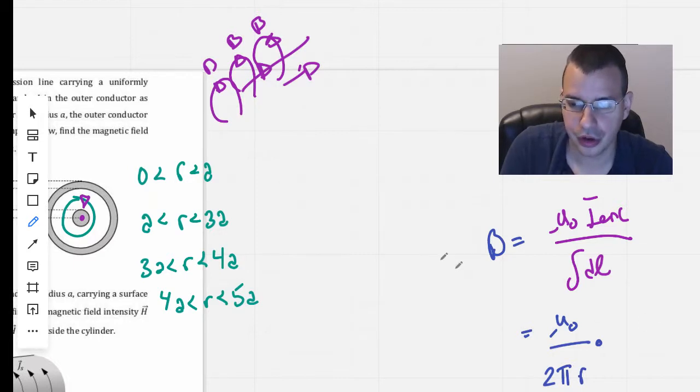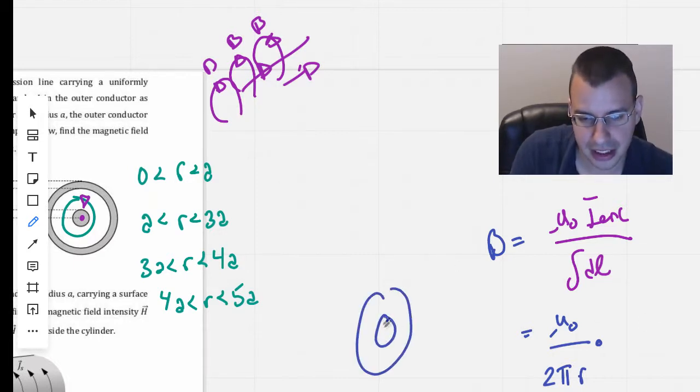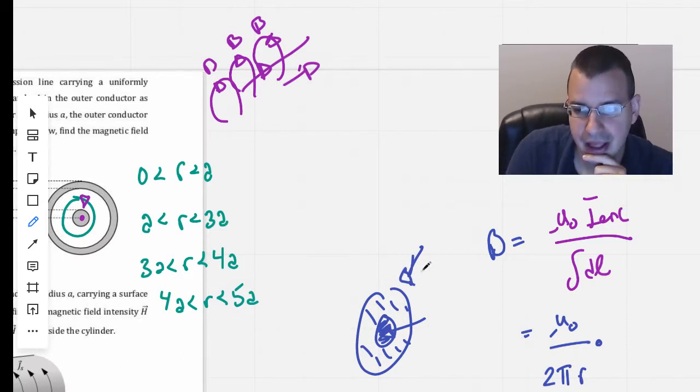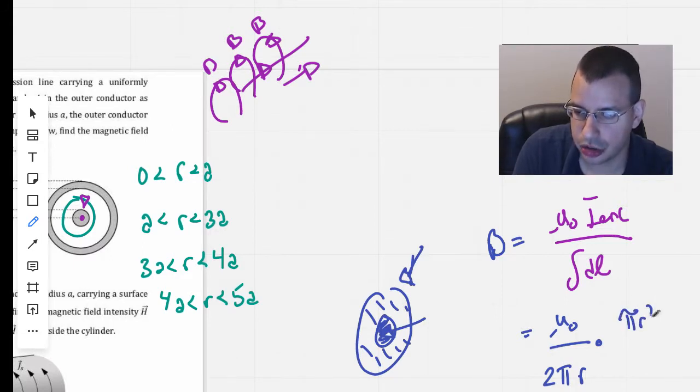so we're looking at this, so we basically have two circles here. We have this circle and we have this circle here. This will be our inner circle, and we want to find out the ratio of the areas. The area that we're looking at would be pi r squared, and the total would be pi a squared.